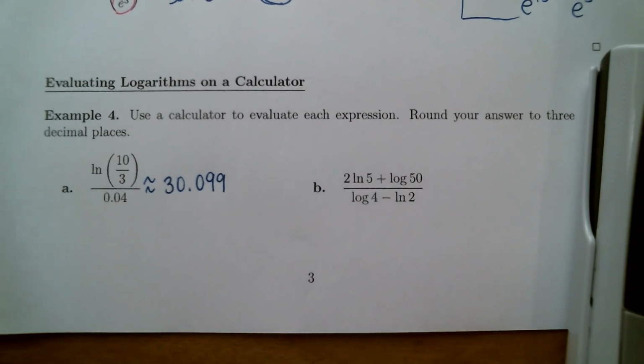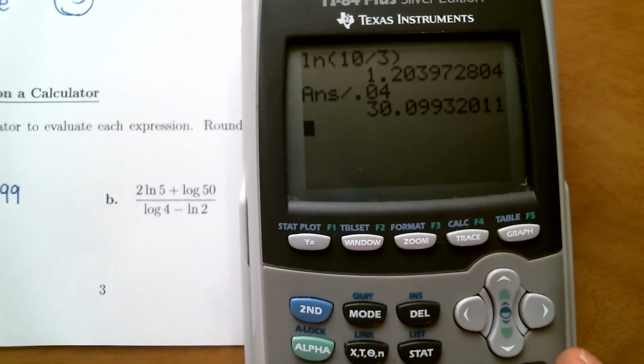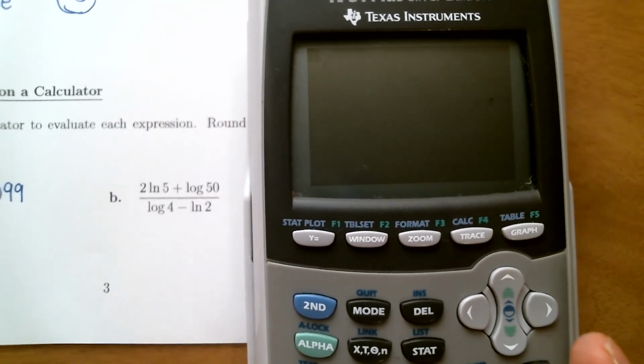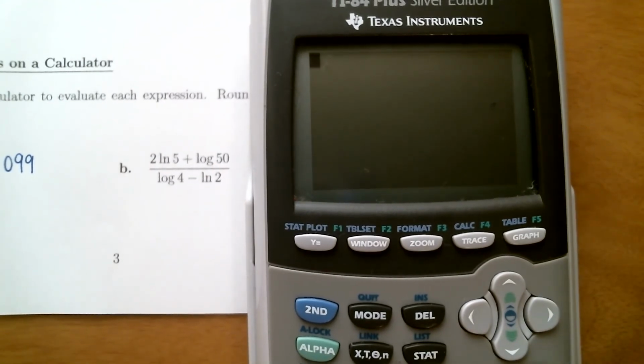To enter this, I'm going to enter it all at once. I'm going to put the entire numerator in parentheses and then the entire denominator in parentheses. If you have an older calculator and you're dividing something and you don't put the entire denominator in parentheses, it's going to come out wrong.